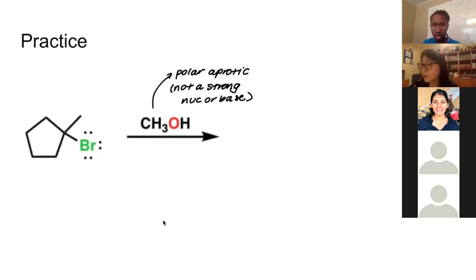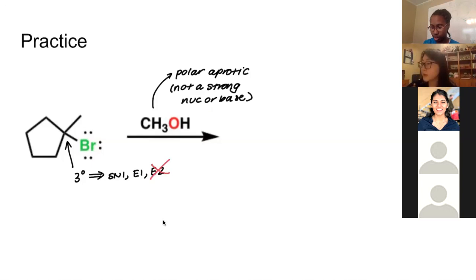We also want to look at our substrate. If we look at it, we're going to see it's tertiary. Remember, here's the carbon, 1, 2, 3. Based on tertiary, it's probably either SN1, E1, or E2, which is a lot of reactions, not super helpful. But again, we can look at the solvent and see it's not a good base, so get rid of the E2.